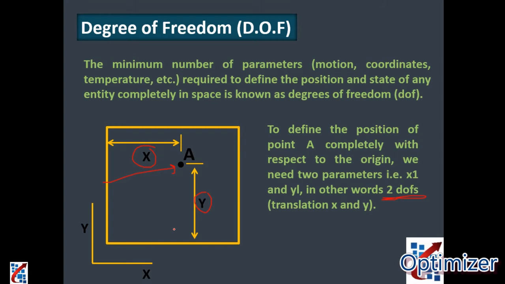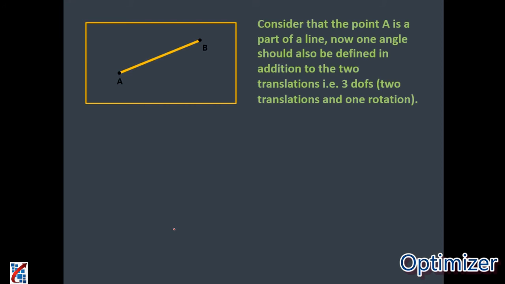Now the next part: instead of a point, suppose we consider a line. What do you require to define here? First, you again require X and Y, and one more thing you need to define is the rotation, the angle. So for defining the position of a line in space, you require the first point, that is X and Y, and also the angle at which it is oriented.